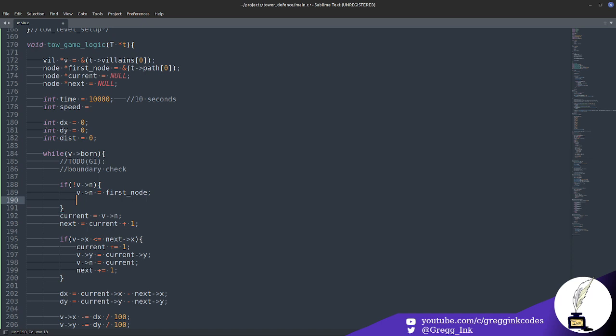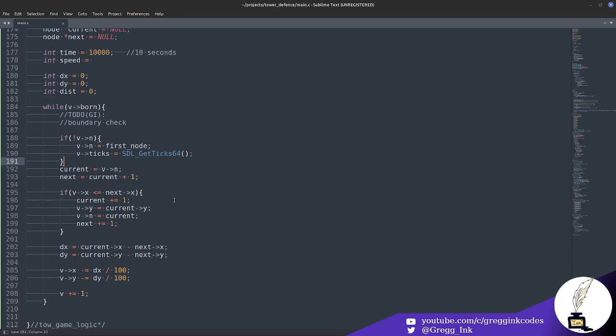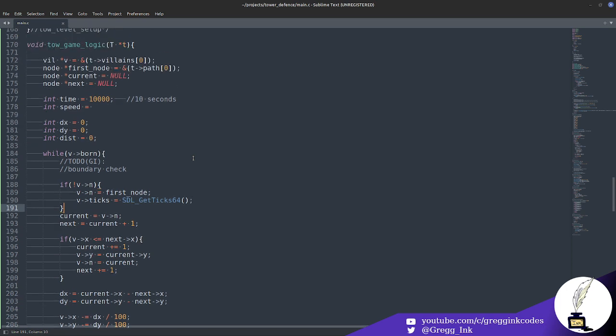So if not Vn, that's the node it's currently traveling on. So this is basically code for it just got started. And if it just got started, then I'm not sure I'm entirely happy with this either, but I'm gonna be okay with this for now.